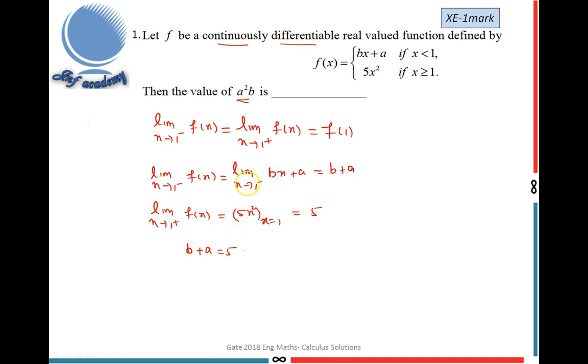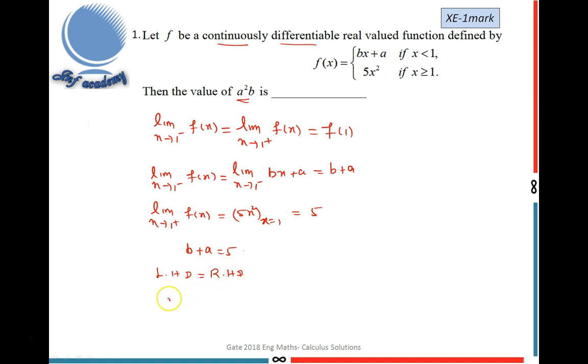Next, now check the differentiability. Differentiability means left hand derivative equal to right hand derivative, because the function f is differentiable. So the left hand derivative at x equal to 1 and the right hand derivative at x equal to 1 are equal.